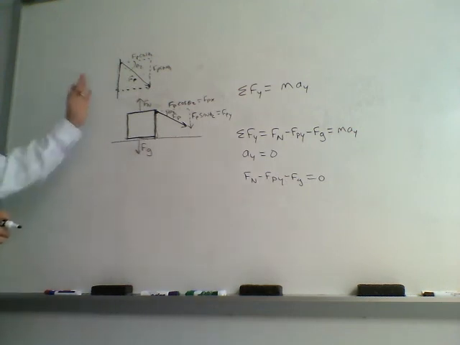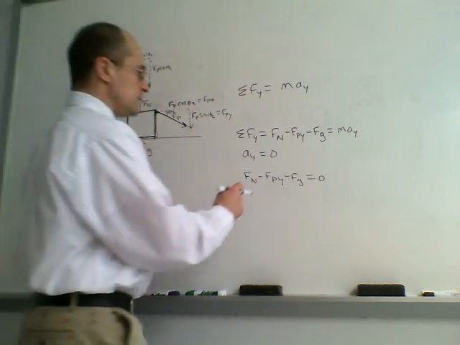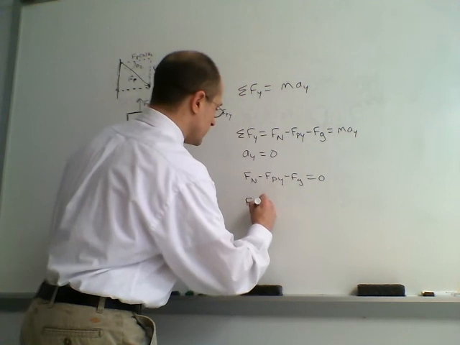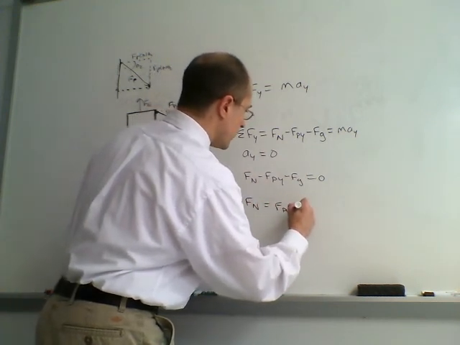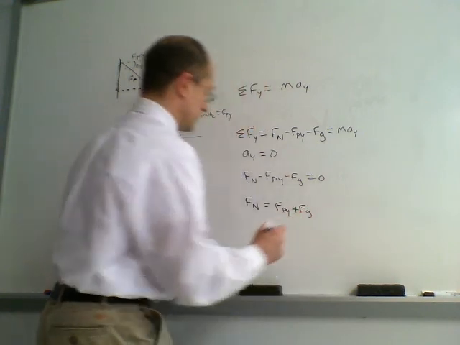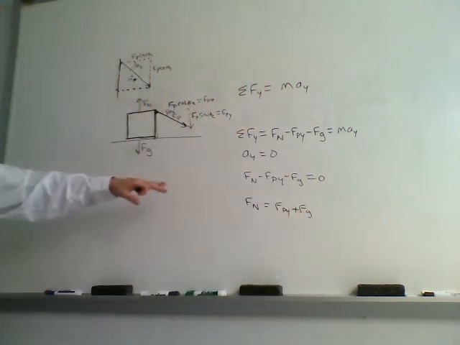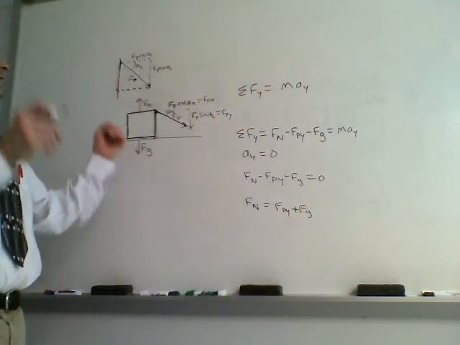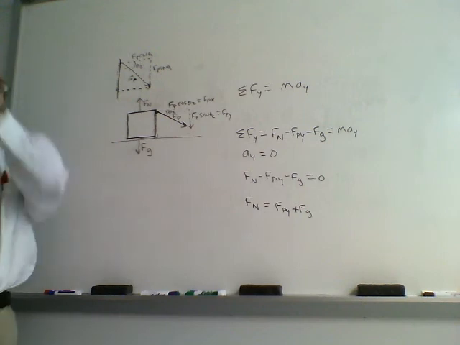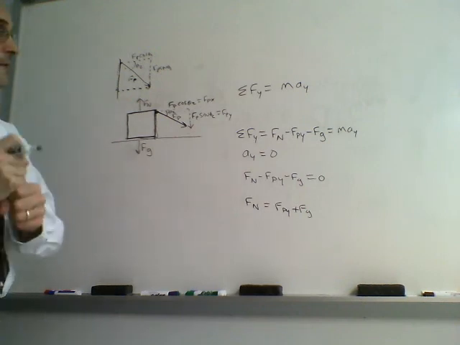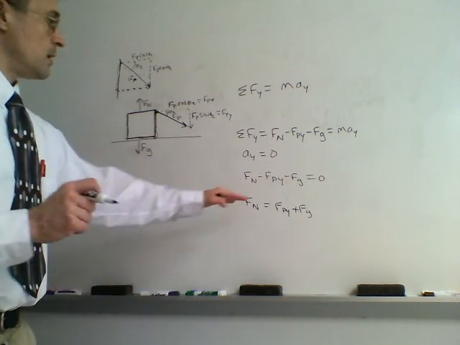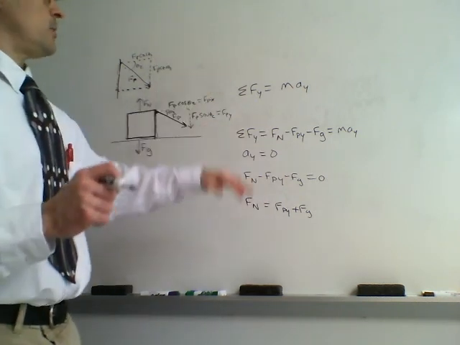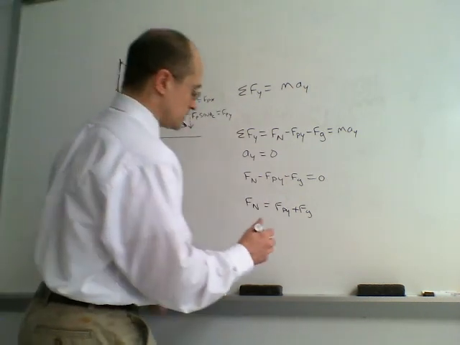We have equilibrium in the y direction. So this tells us that the force of the normal is the force of the pull in the y plus the force of gravity. So the normal force has to work even harder, because not only does it have to support the box, you're also pulling down on the box, increasing how much force the normal has to apply to keep the box on the surface.